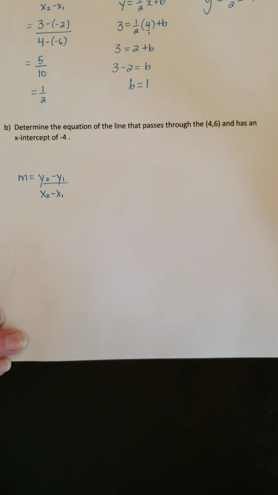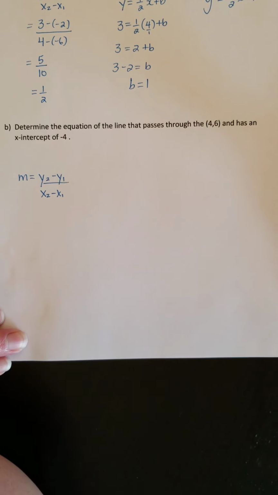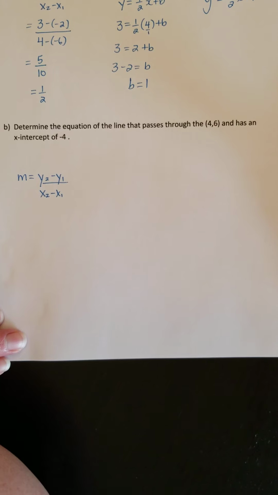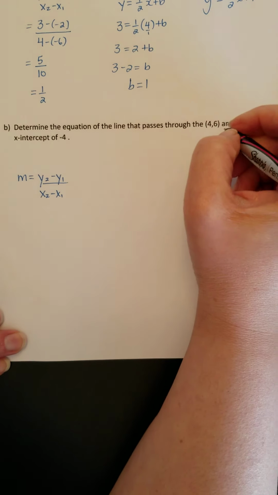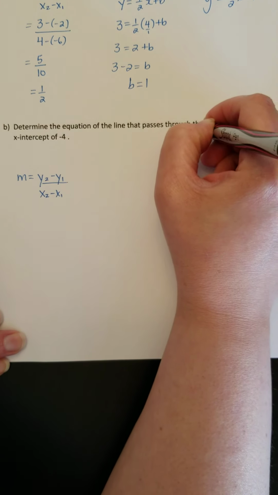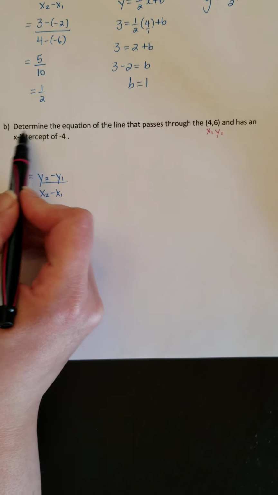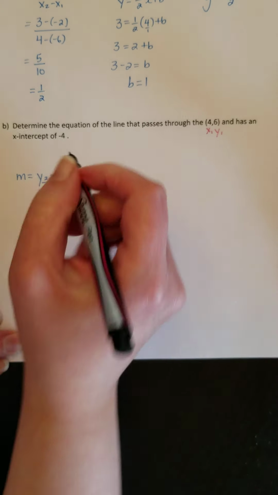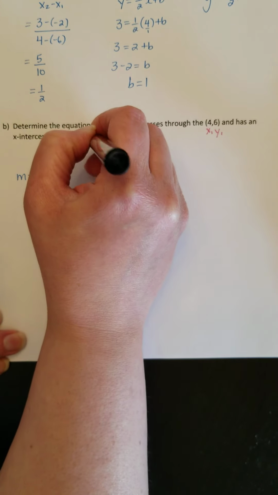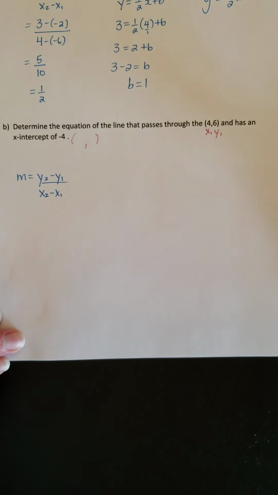So it says determine the equation of the line that passes through the point 4, 6 and has an x-intercept of -4. So I feel like I'm okay to say that that's x1, y1, but this one's not written as a point. Remember what you know about an x-intercept and write that as a point.